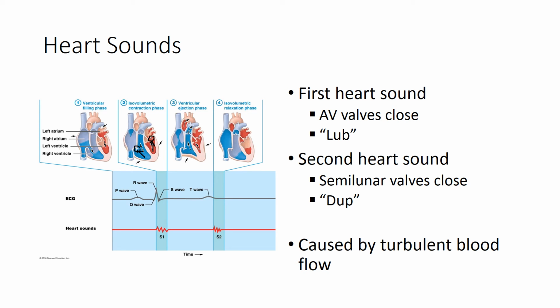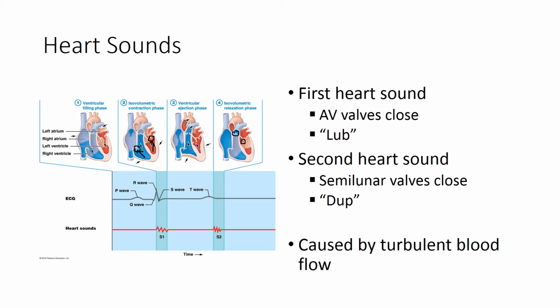Now, if we continue to look at the different phases, in the third phase here, the ejection phase, blood is being forced out from the ventricles into the pulmonary trunk and the aorta. And then at the beginning of the relaxation phase, you're going to see that the semilunar valves close.